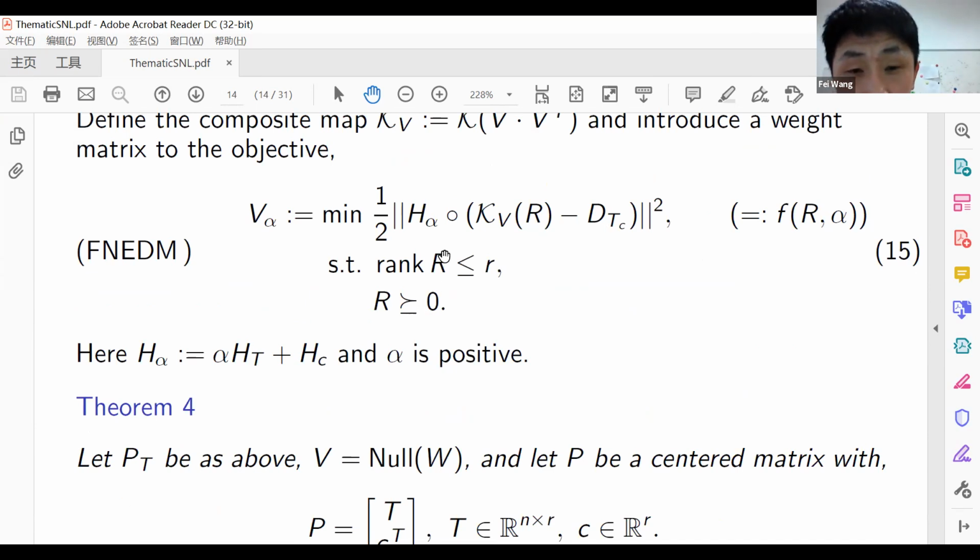The rank R, big R, is less or equal to small r, and the size of R is actually r plus 1, so the rank is one less than the size of R. That means the optimal solution has to lie on the boundary of the PSD cone. So you can replace this constraint by saying R has to be on the boundary of the PSD cone.